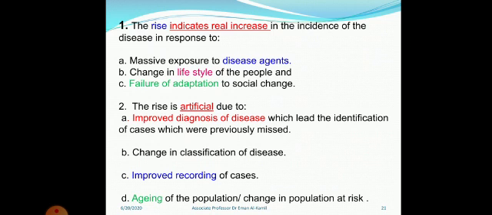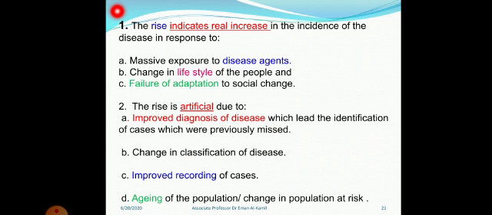Also, because of the increase in people's awareness of different health problems, most people try to attend the health services for investigation so that nothing is missed. And there are changes in the classification of disease, and also improved recording of cases.